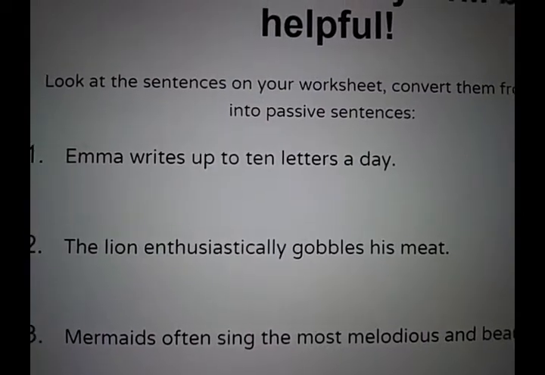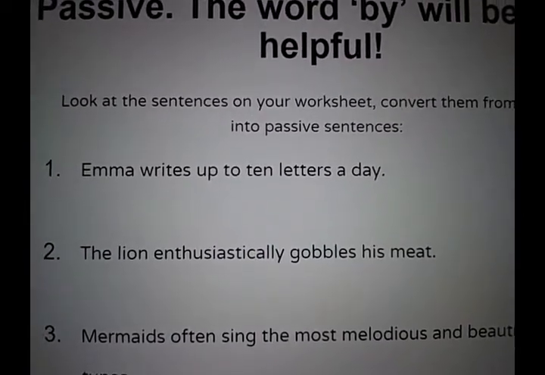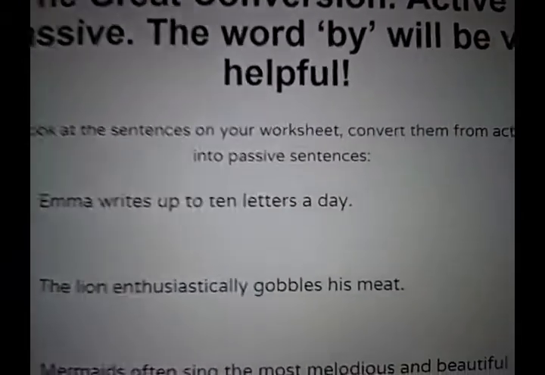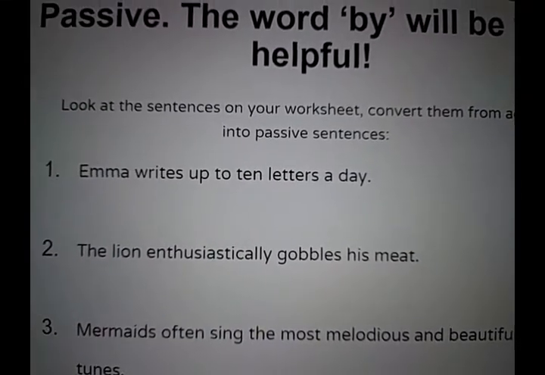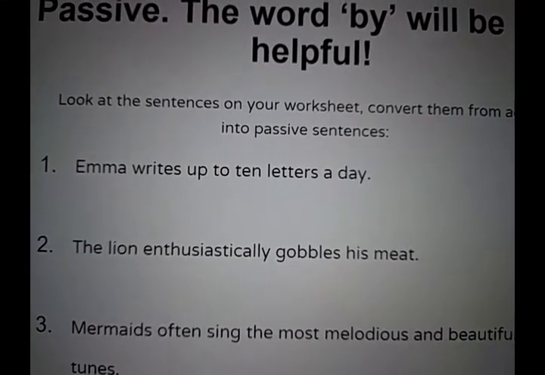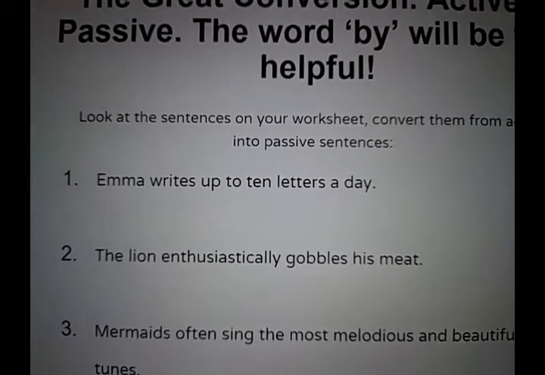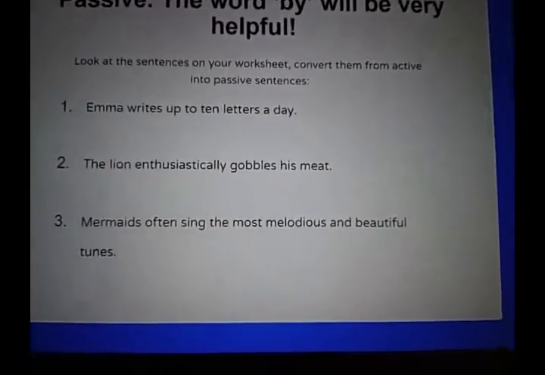I have to change some things and then put the lion at the end. So first of all, I'm not going to give you the whole answer, but I would say the meat, I'll change to the meat, is, that's how you start it. The meat is, and then how do you get the rest of that information in there to make it passive?